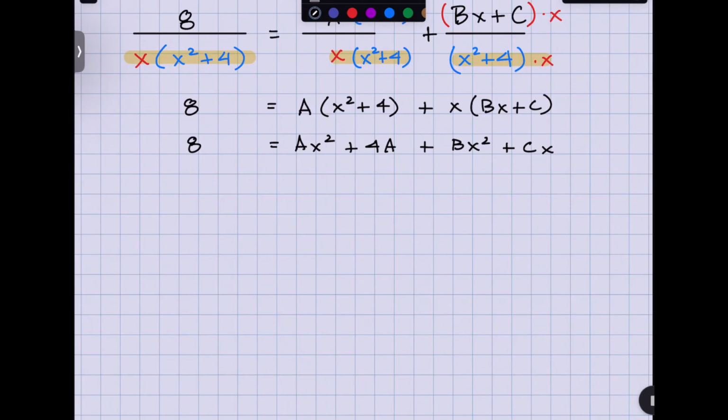So here's my question. What's A equal to? What's B equal to? What's C equal to? You're like, I don't know. That's why I'm teaching. Yes? You could insert values for x. How does that help me find A, B, and C? You could set x equal to a number where one of the constant variables would equal 0.